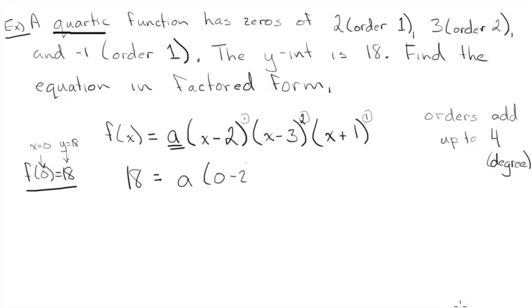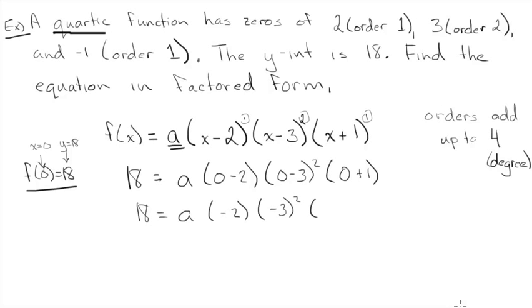So 0 minus 2, 0 minus 3 squared, and 0 plus 1. So 18 is equal to a times negative 2 times negative 3 squared times 1. 18 is equal to a times negative 2 times 9 times 1, which means 18 is equal to negative 18a.